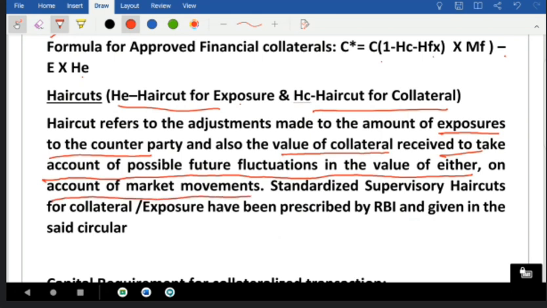Standardized supervisory haircuts for collateral and exposure have been prescribed by RBI in their circulars. They keep on giving how much haircut you have to take on which collateral and what haircut you have to give to which type of exposure.